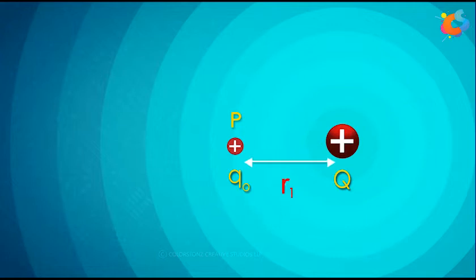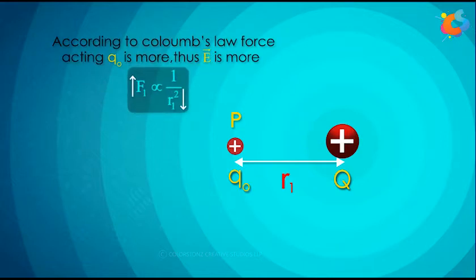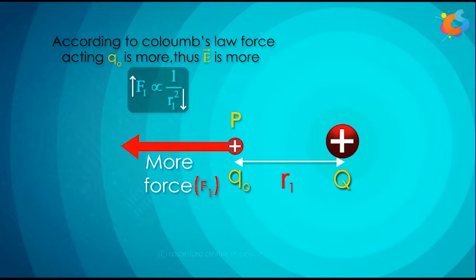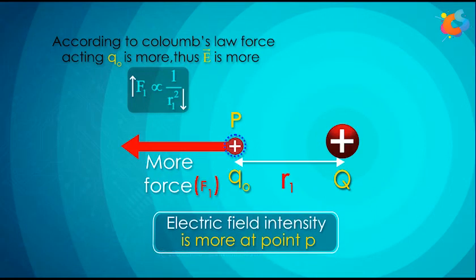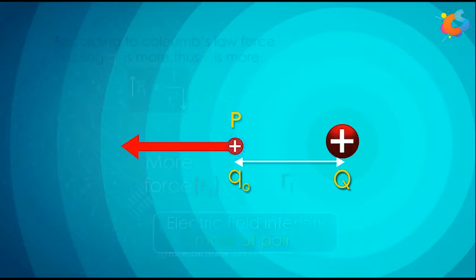Now, since the distance is small, by Coulomb's law, the test charge is going to experience a very high value of force. So, I can say that at this point where my test charge has been placed, it is having a very high value of electric field intensity.